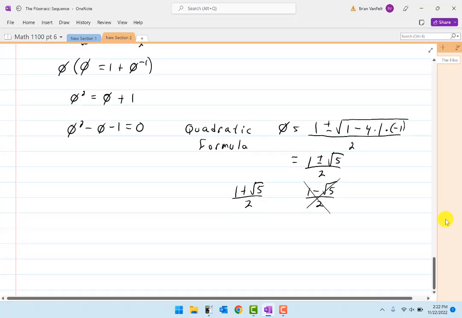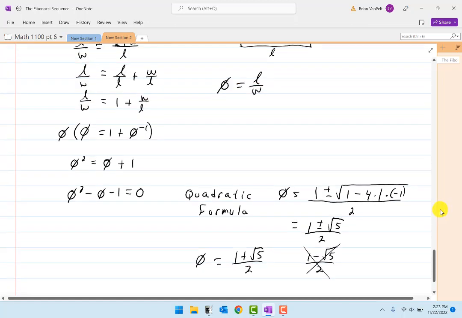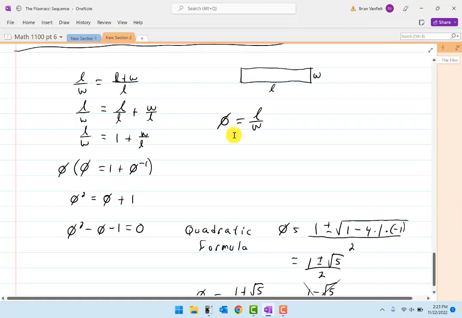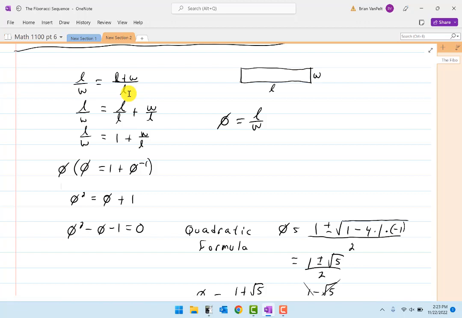So you can see here how we get this. And this is from considering a length versus width scenario like this. The length versus width equals the length plus width versus length. This to them was the definition of the most pleasing relationship between length and width.